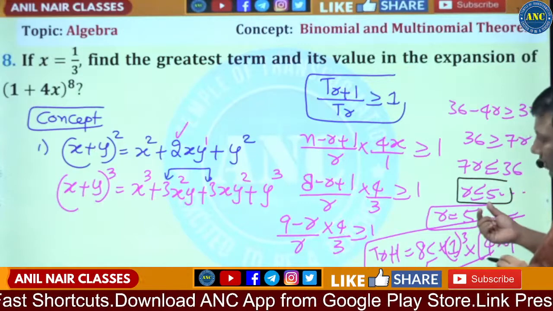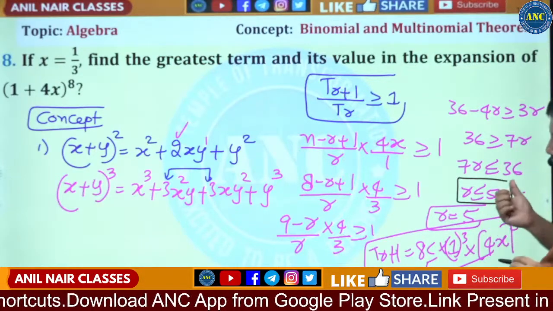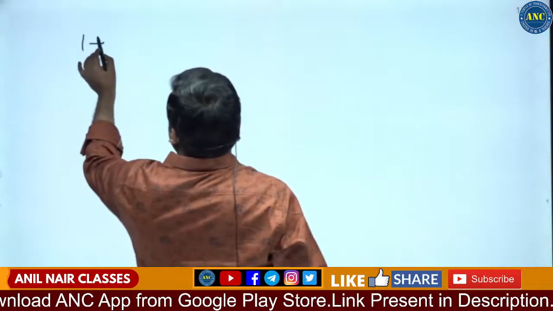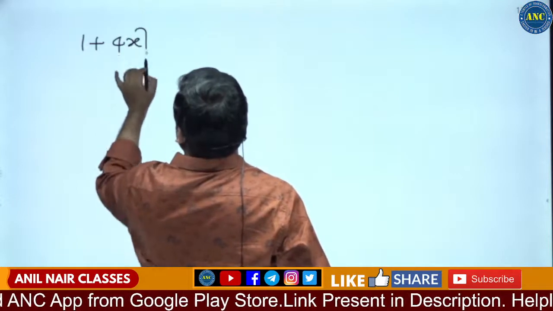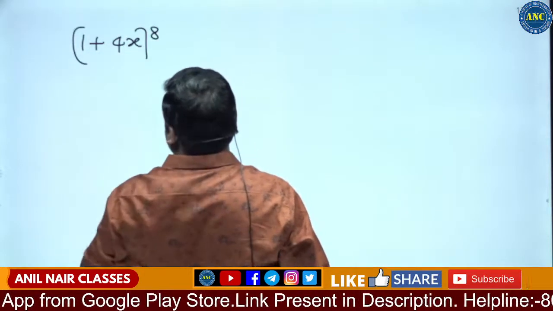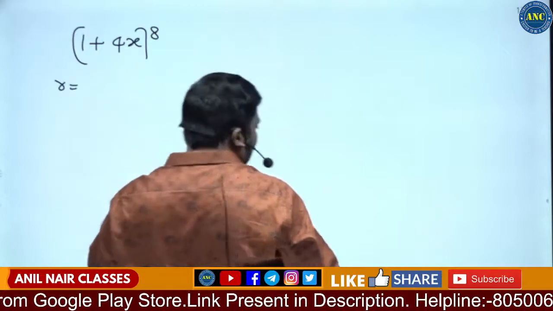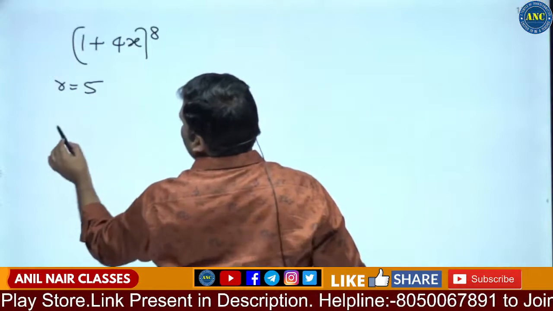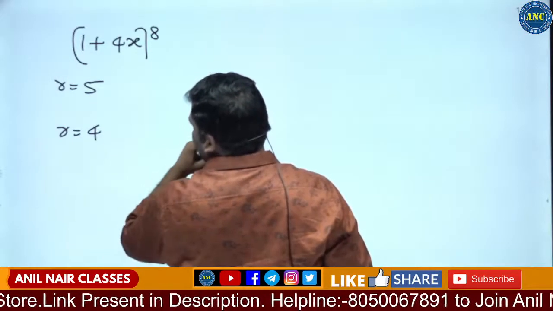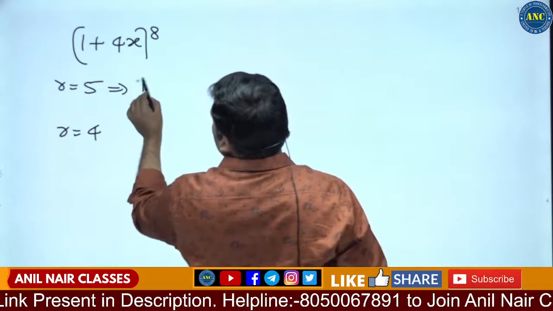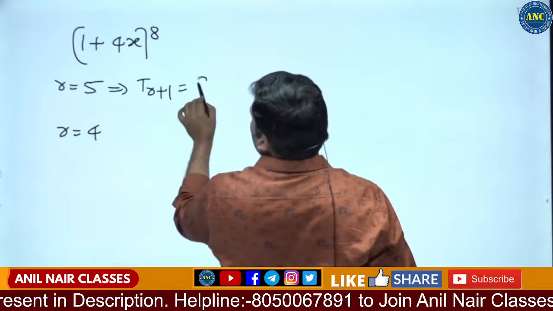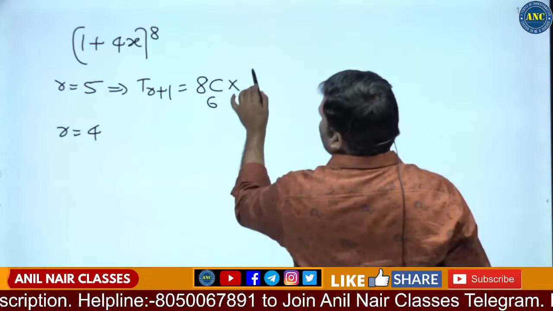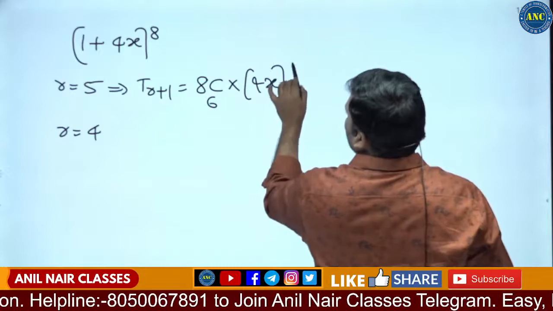Now here should we take r value 5 or r value 4? We will expand it and we will see. So if it is (1 plus 4x) power 8, suppose I take r value 5, this will become T(r+1), this is 8C6 into (4x) power 6.